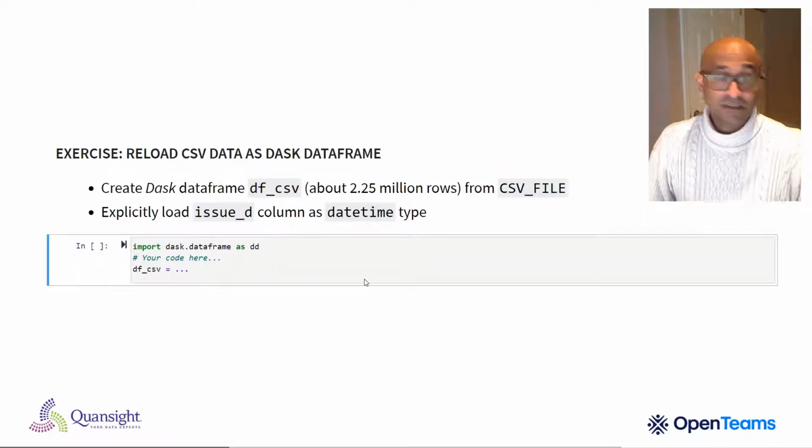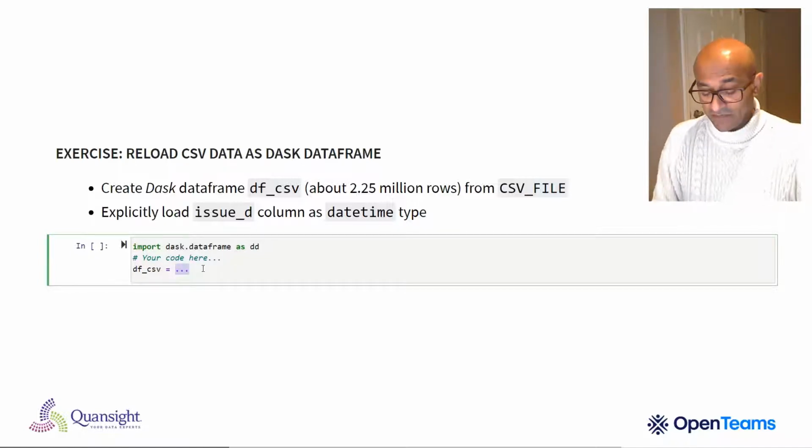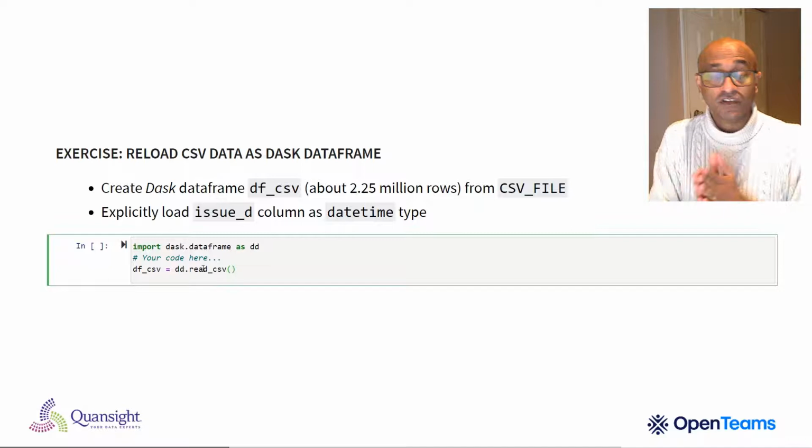So for a start, let's actually use the Dask data frame reading methods. This is very similar to what we did before. We have a function called read_csv stored in the dask.dataframe module, which we've aliased here as dd.